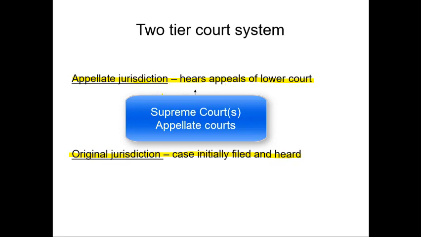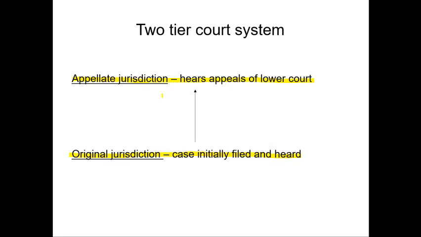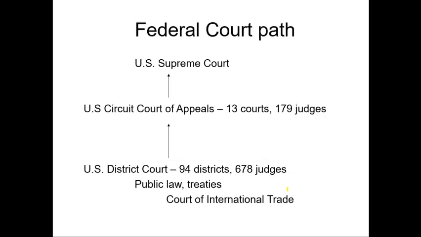As we'll see when we look at the federal and state systems, every system is generally structured in a 2-tier court system, where you have original jurisdiction, which means that's where the case is originally filed, and then the appellate jurisdiction that is accepting an appeal from a lower court. So that's very generally what that means.